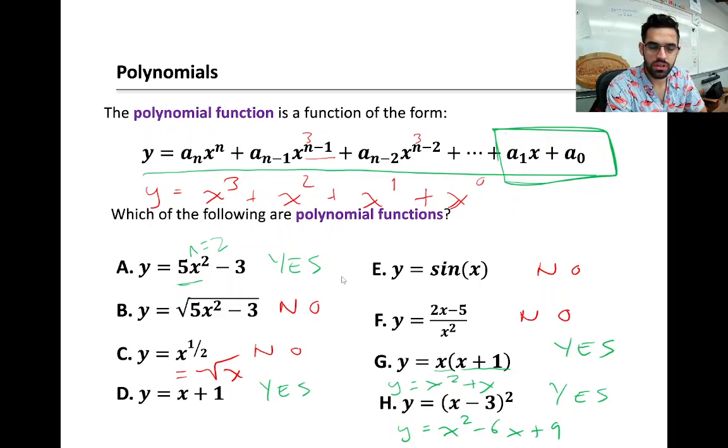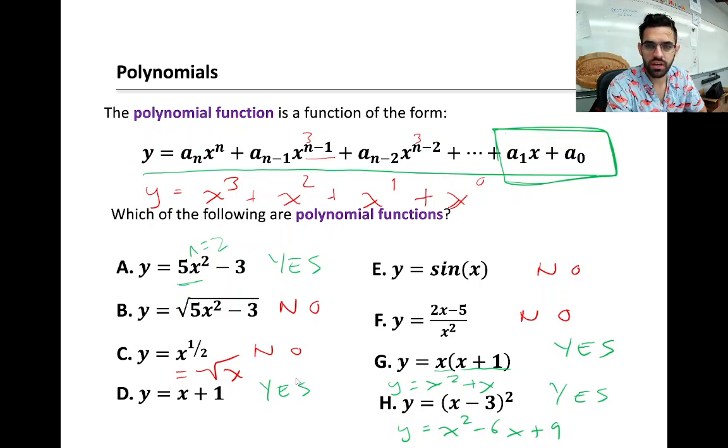So some examples and non-examples of polynomial functions. A is an example of a polynomial function. It's a number times x to the power of 2 minus 3. B is not, it's a radical function. C is not because we have an x, but its exponent is not just some natural whole number.